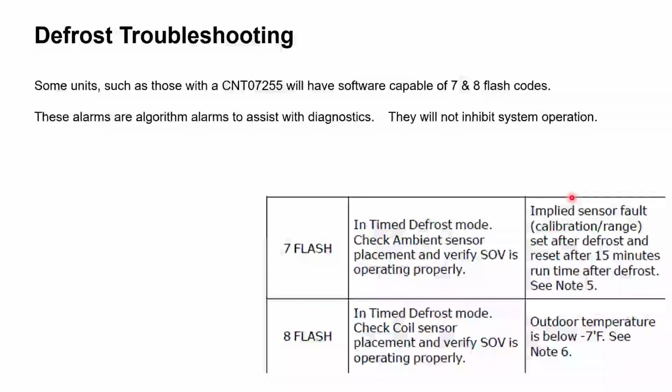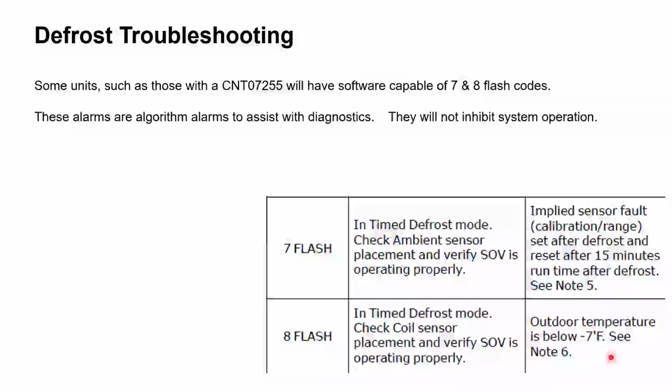If you have that, get with us. We need to work on that and come up with a solution for you, which is usually updating the control board. But there are some times that this happens normally as well.